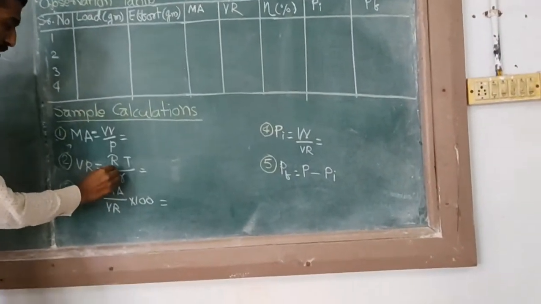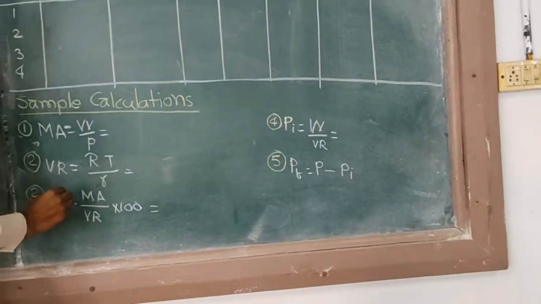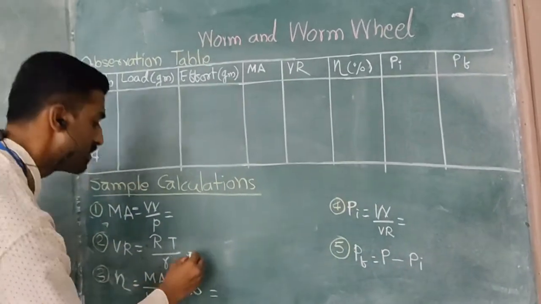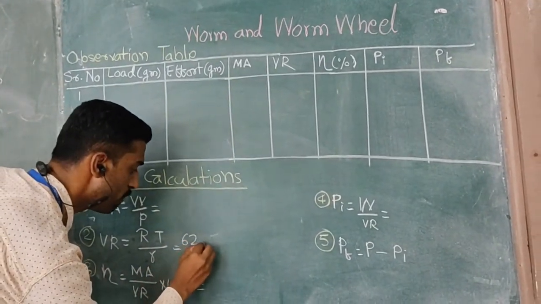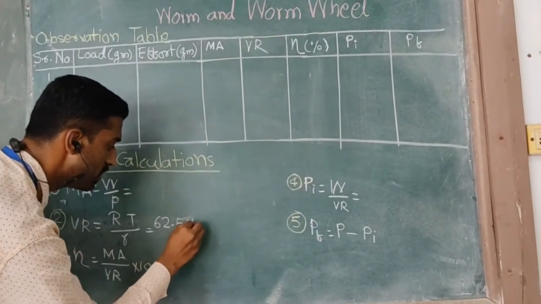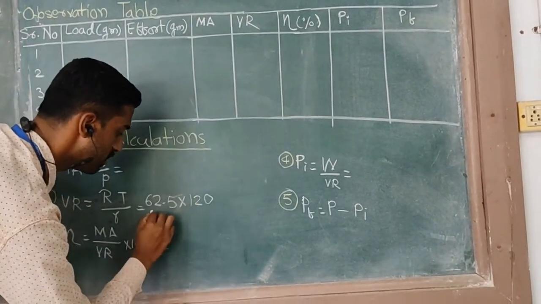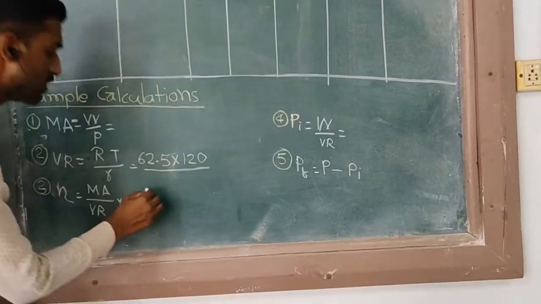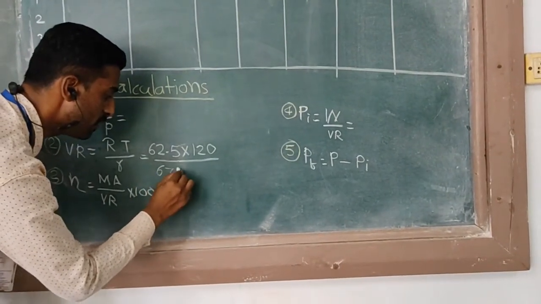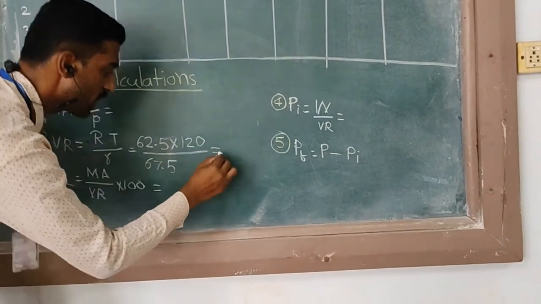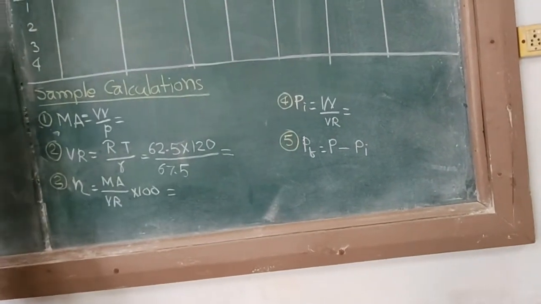So here capital R is 67.5, capital T is 120 and small r is 62.5.